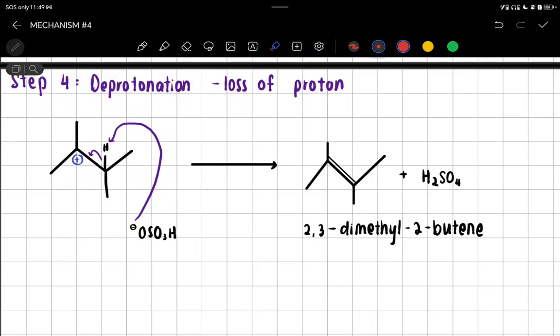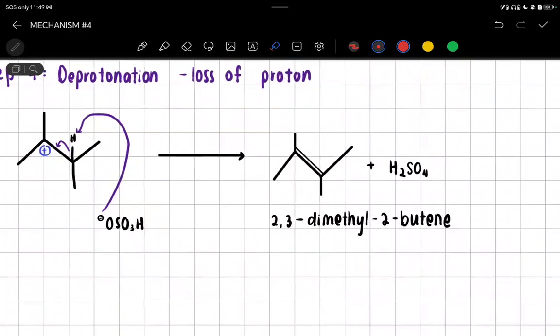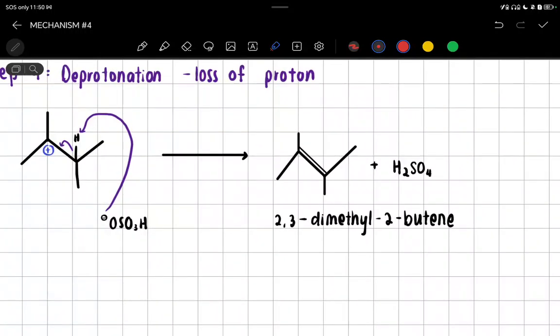Thus, this one will attack the H atom on the C adjacent to the C plus, forming 2,3-dimethyl-2-butene, which is more stable.